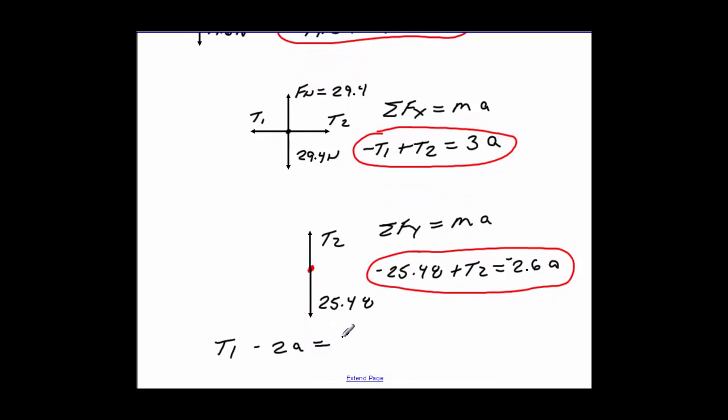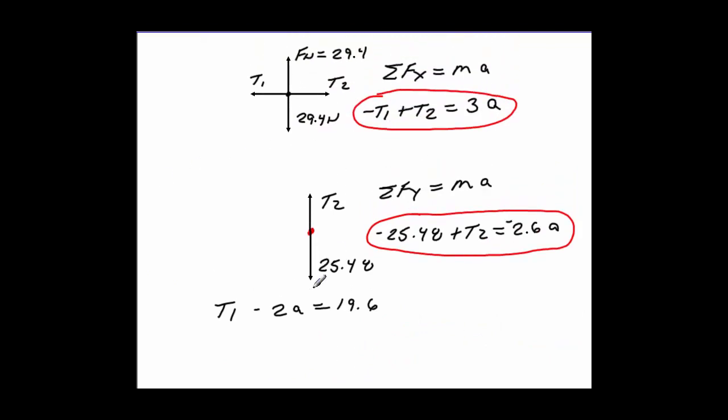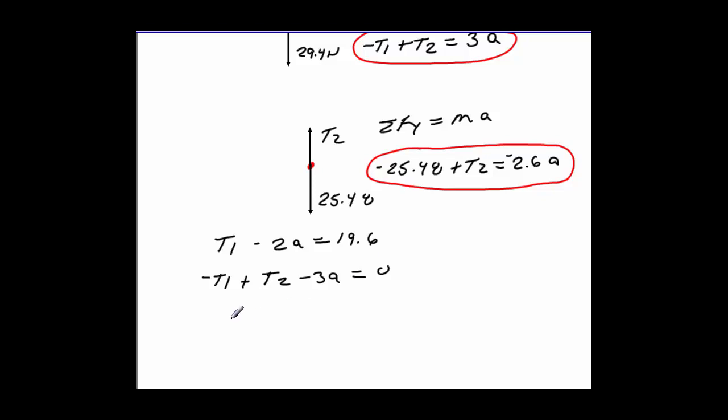The second equation is minus T1 plus T2 minus 3a is equal to 0. And the last one is T2 plus 2.6a is equal to 25.48.